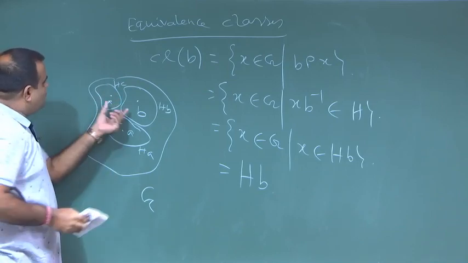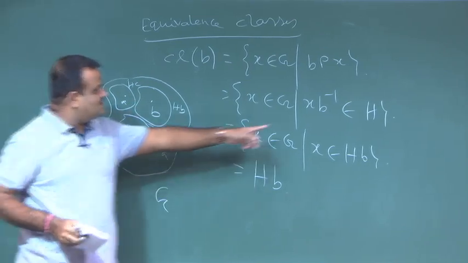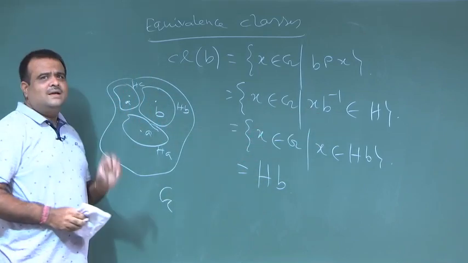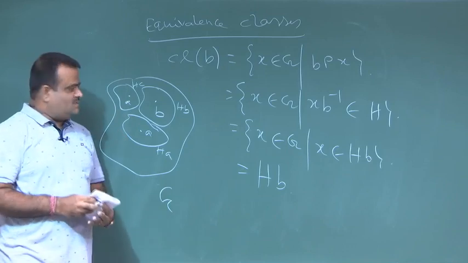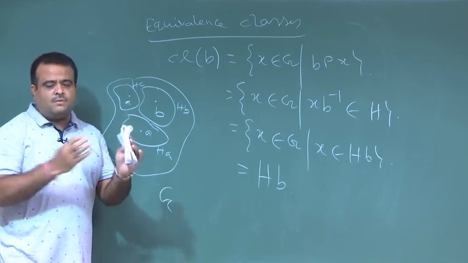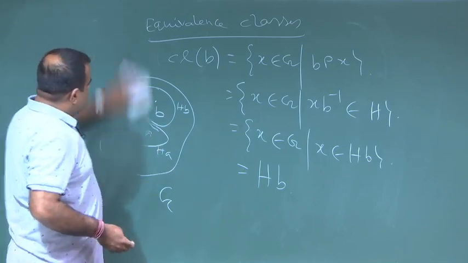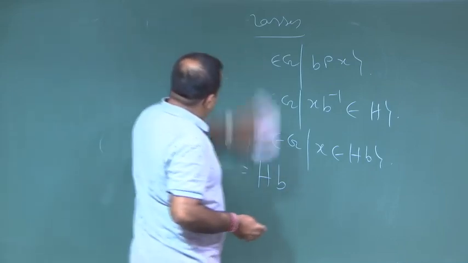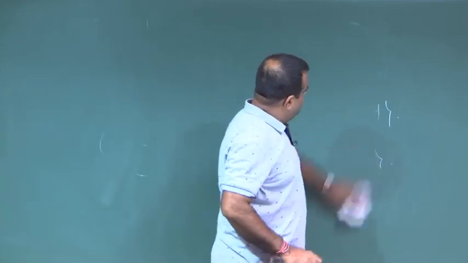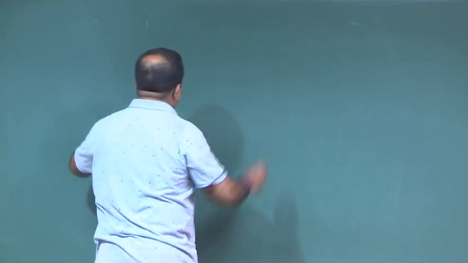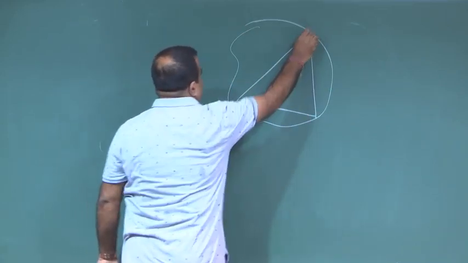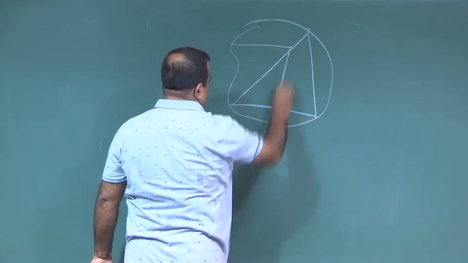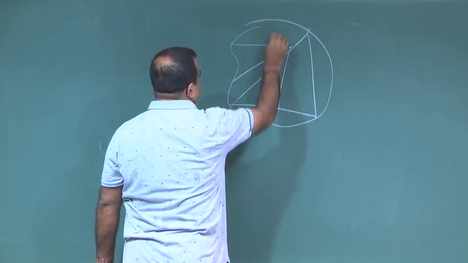When they are same, if they are related, if this condition is satisfied, then they are same, and basically they will give the same subset. Okay. So, this will form a partition, and this partition will be a disjoint collection of subsets.